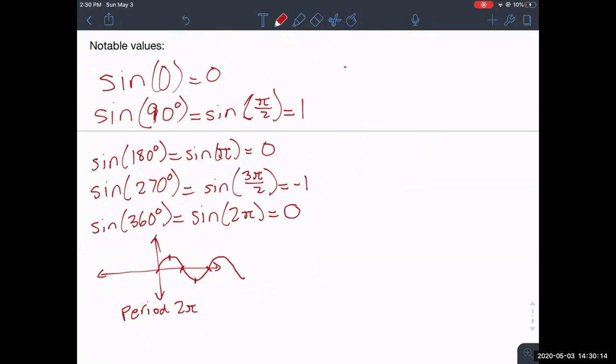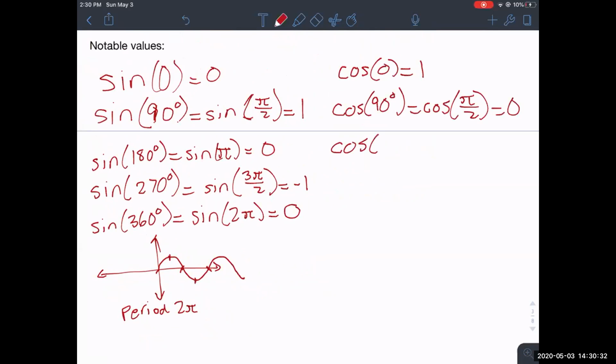Cosine is pretty similar, except it starts off at cosine 0 equal to 1. Cosine of 90 degrees, or pi over 2, is equal to 0. Cosine of 180 degrees, or pi, is equal to -1.